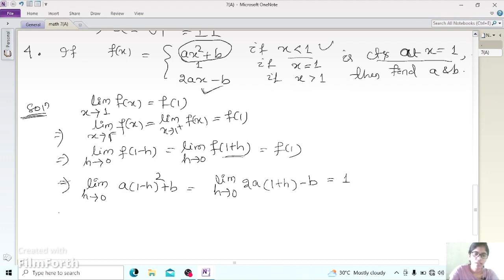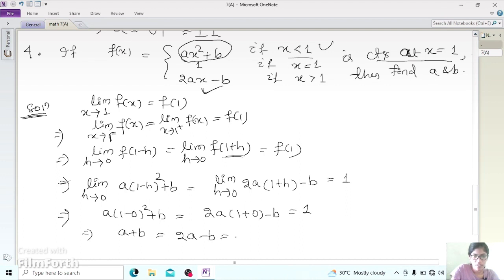That means after putting values, a into 1 minus 0 square plus b is equal to 2a into 1 plus 0 minus b is equal to 1. That implies a plus b is equal to 2a minus b is equal to 1.